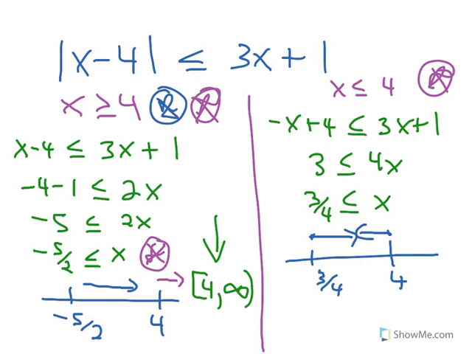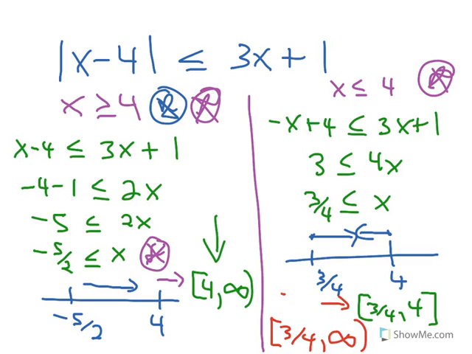So the answer to this side is 3 over 4 to 4. Combining these two together, since these are both solutions, our final solution is x is greater than 3 over 4. Because this one says 3 over 4 to 4, and this one says 4 to infinity. All of those things are solutions. So we combine those, and this is our total.